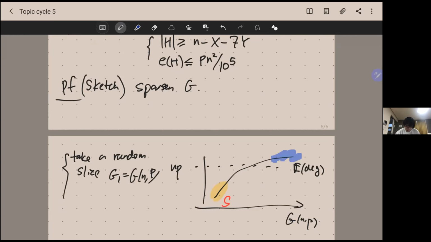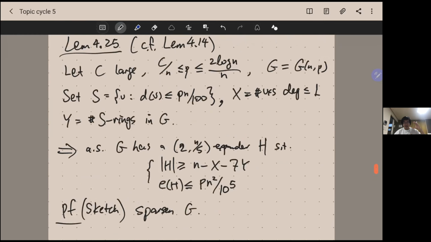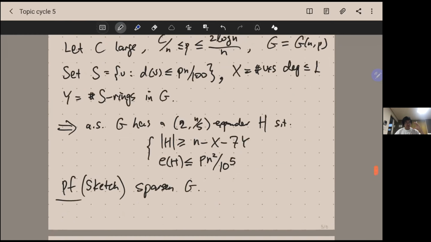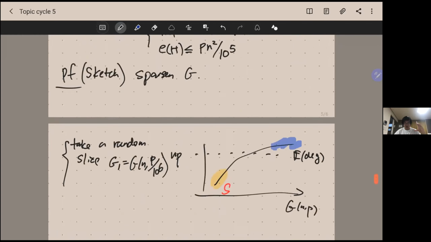I wrote something wrong there, p over 10 to the 6, okay? So instead of taking G(n,p) itself, we're sparsening it by 10 to the 6. This is the sparsening part. As I said, this random slice is sparse, that's good. But we might increase X and Y, right? So we need to keep the low degree vertices.